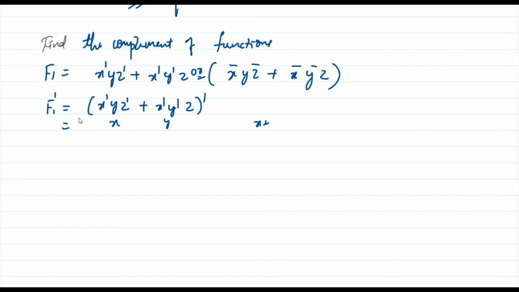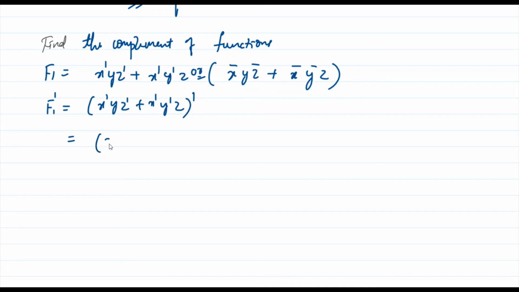First take the first term, x prime y z prime, plus x prime y prime z, and this is barred.